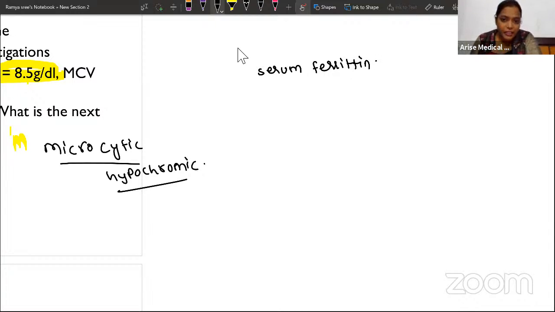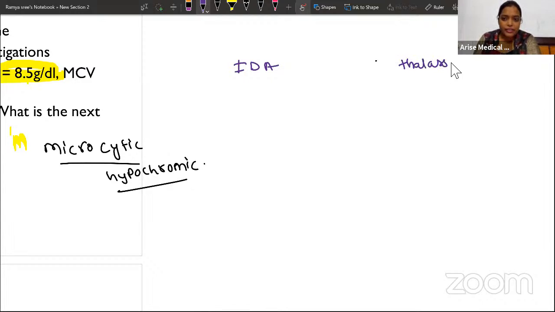The two differential diagnoses are iron deficiency anemia and thalassemia. Iron deficiency anemia and thalassemia, right? How can I differentiate between iron deficiency and thalassemia? It is by serum ferritin.